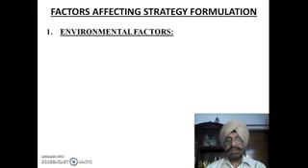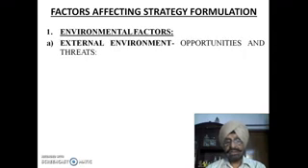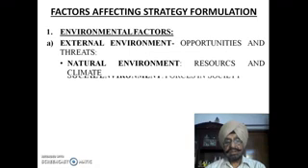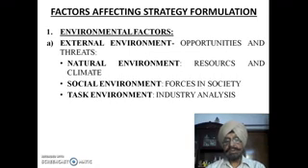So the first factor is the environmental factors, as we have studied in the diagram also. Environmental factors, primarily the external environment, will give us the opportunities and threats. In the external environment, we have seen there are three types, that is the natural environment, resources and climate. For example, resources in terms of natural resources like oil, vegetation, or the various other flora and fauna, and all that, mines, etc. And the climatic condition which is suitable for a particular type of industry also.